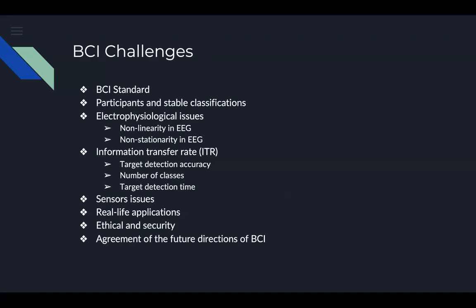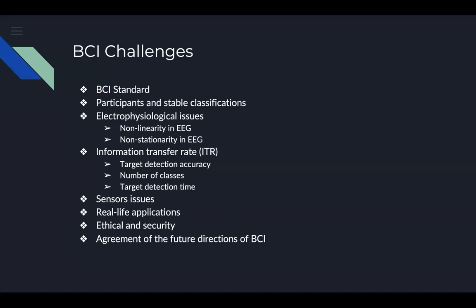Then information transfer rate, ITR. We have categorized some of the signals from the brain, but there are so many signals being generated from the brain which we haven't categorized, and we need a better machine learning algorithm, a better artificial intelligence algorithm, to resolve these issues.